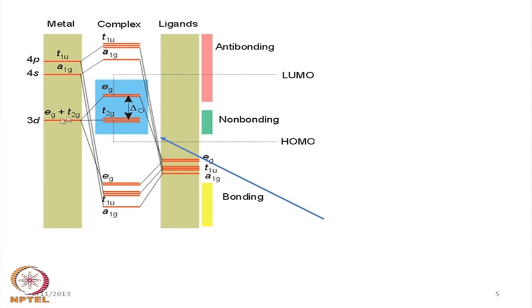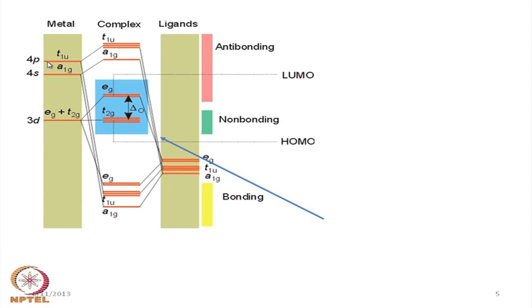So, in essence these are the 4s and 4p orbitals, whose symmetry levels are A1g and T1u, and we have the corresponding symmetry levels from the ligand side also. This interaction is the typical interaction where the metal orbitals are of higher energy, because the 4s and 4p are above the energy of the 3d level.